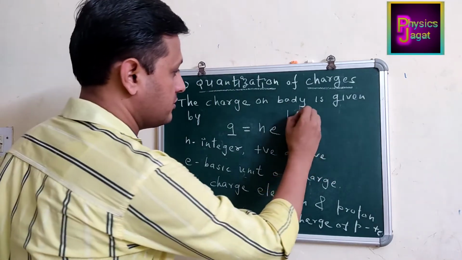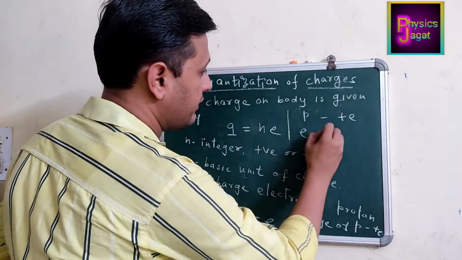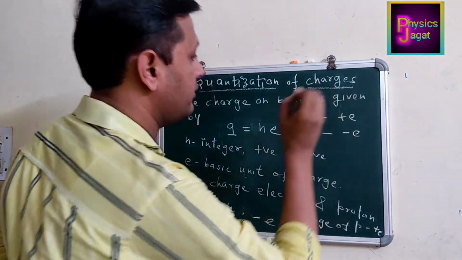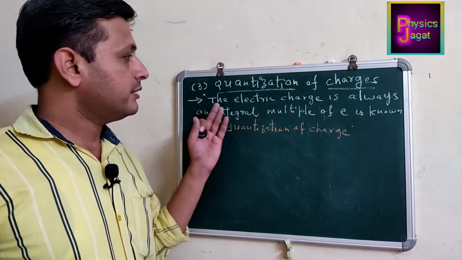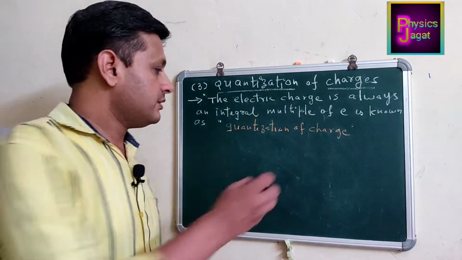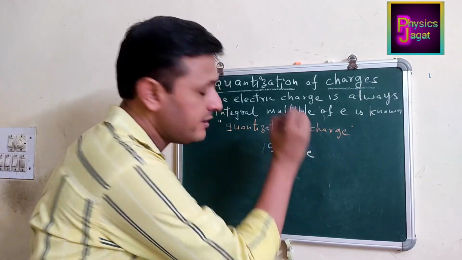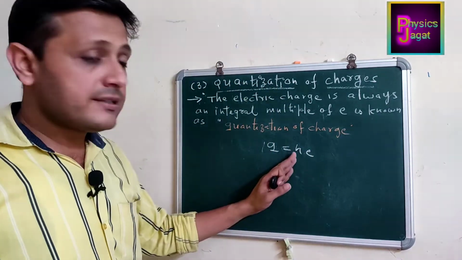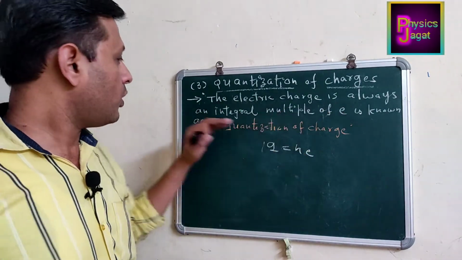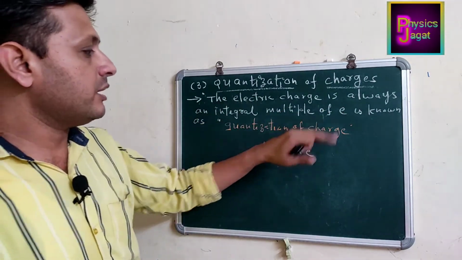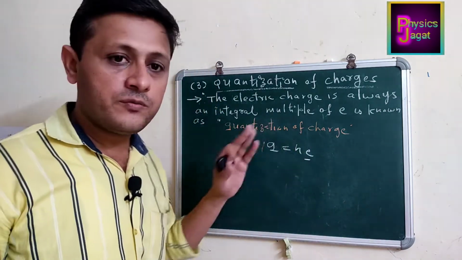This is the convention. As we have seen, q is the charge on a body, q = n e, where n is an integer. So the electric charge is always an integral multiple of e, and this is known as quantization of charge.